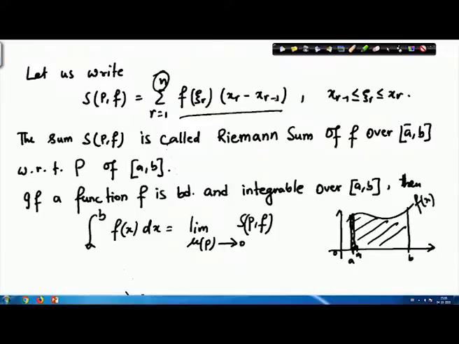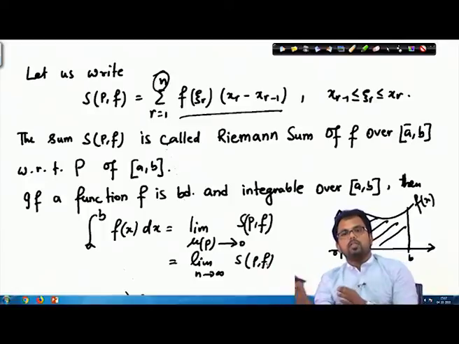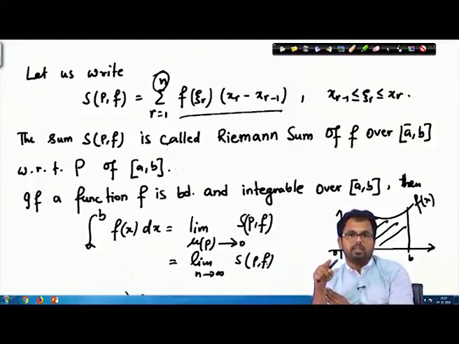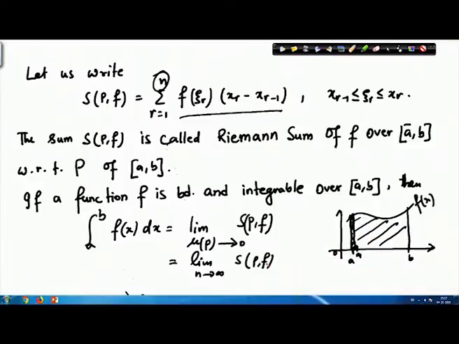So, when you make mu(P) go to 0, you are actually making n tend to infinity. And if you make n tend to infinity, then you are increasing the number of subintervals, and on every subinterval you are calculating the area of a rectangle. If you sum all those areas, then that will give you the area under the curve of the function f between x equals a and x equals b.